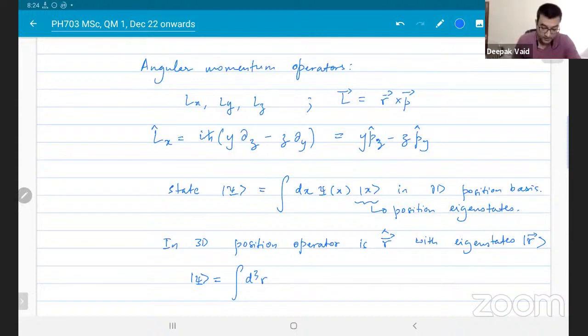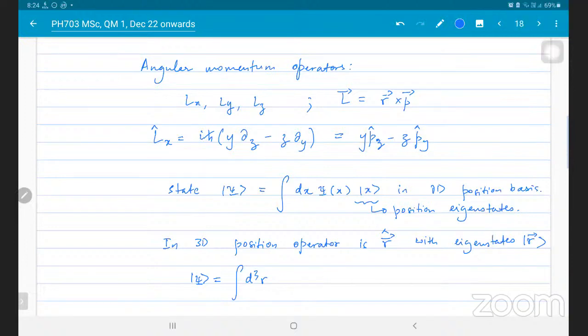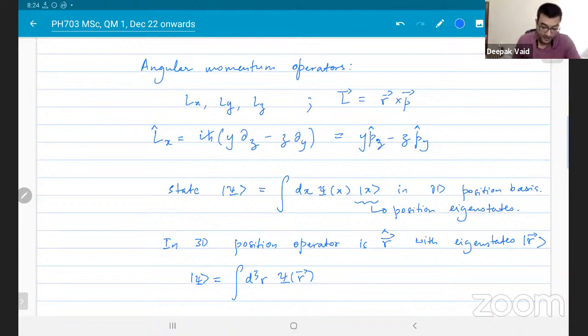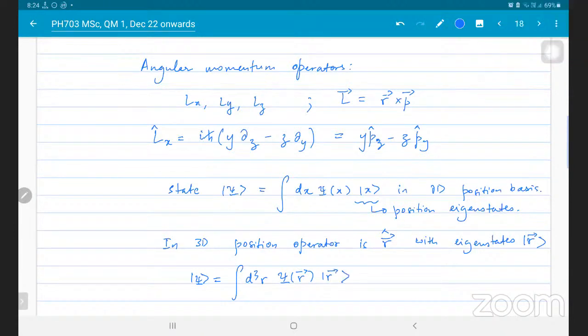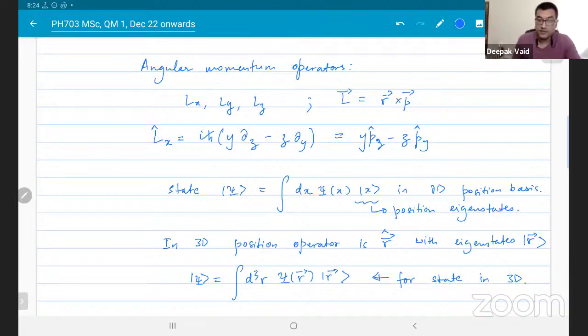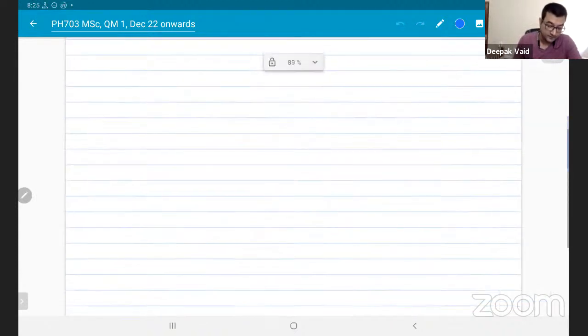Right. And psi of vector r, right? And ket r. Okay. So this is exactly the same by analogy with your one-dimensional case.